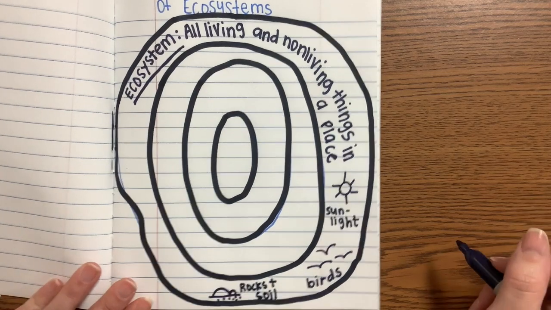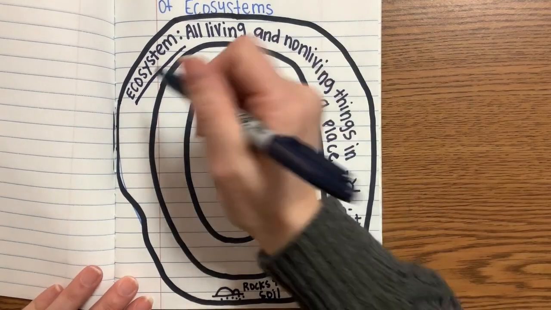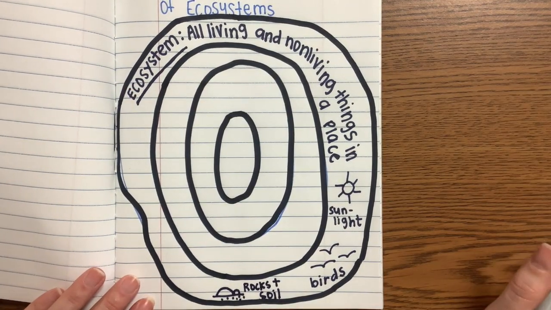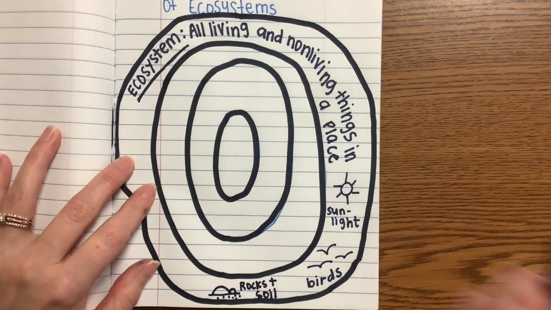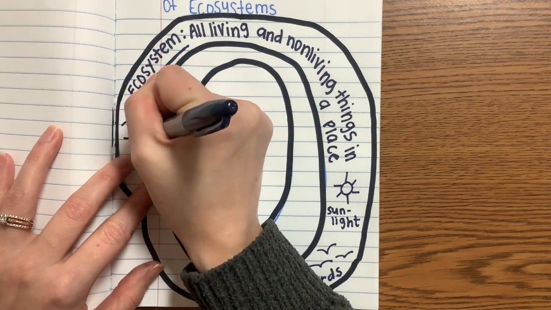Again, pause this whenever you need to. Or if you want to wait for me to be all the way done and then copy it, that is fine too. So sunlight, birds, rocks and soil. Another really important one is rivers and lakes. This is my water.